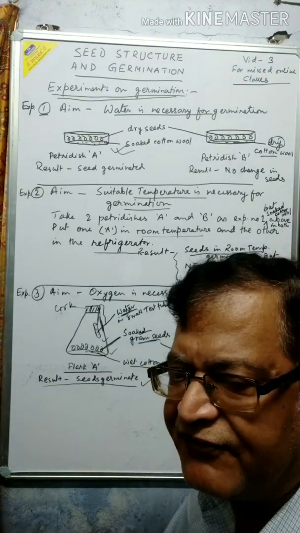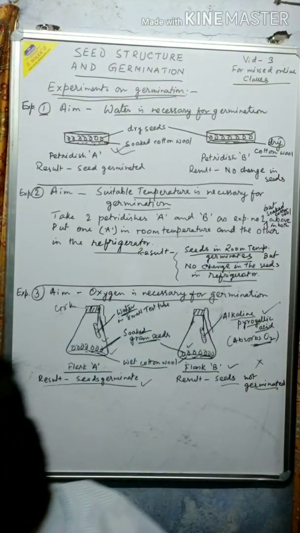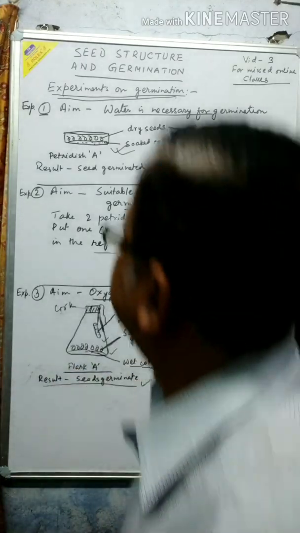One last experiment left in this chapter is the 3-bean experiment that I am showing you. Experiment number 4, 3-bean experiment. Here we have to take a big beaker.